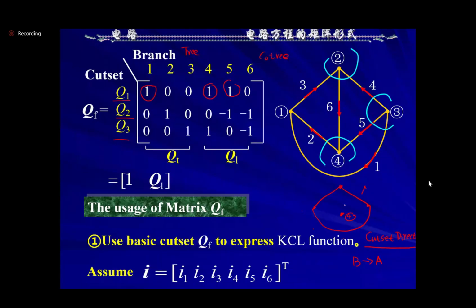So the outside is A, the inside is B. The tree direction is from B to the outside A, and the co-tree branches 5, 6 are from A to B. So the 5 and 6 directions are not the same as the cutset direction. The cutset direction is from B to A, but co-tree branches 5, 6 go from A to B. This is why they are negative.